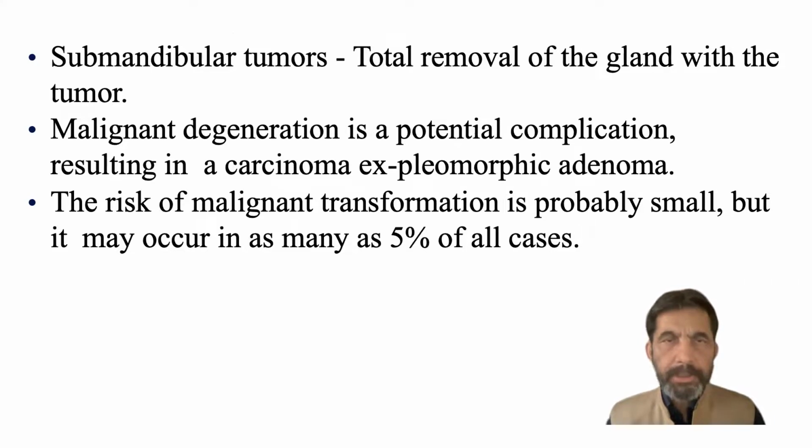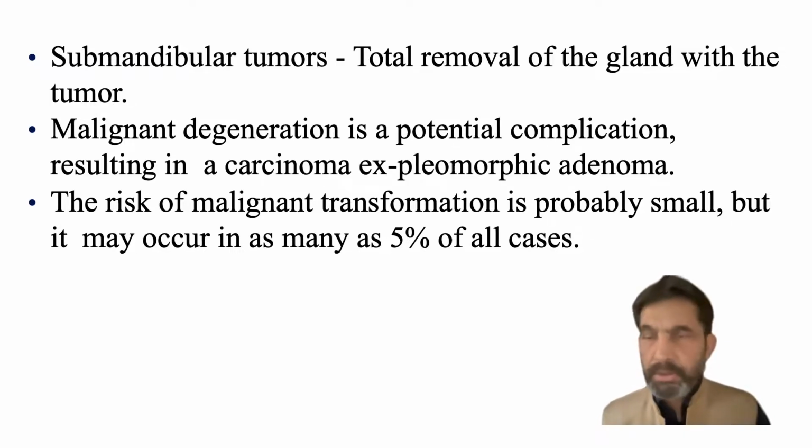Malignant degeneration is a potential complication, resulting in carcinoma ex pleomorphic adenoma. It's very important. This may arise, and the risk of malignant transformation is probably very small, 1 to 5%, and that condition is called carcinoma ex pleomorphic adenoma.